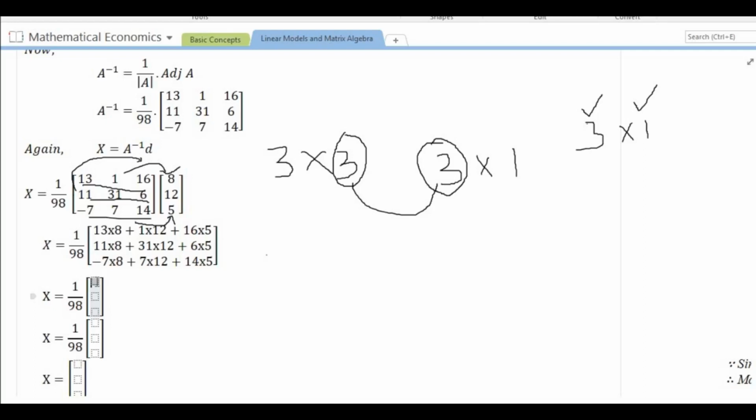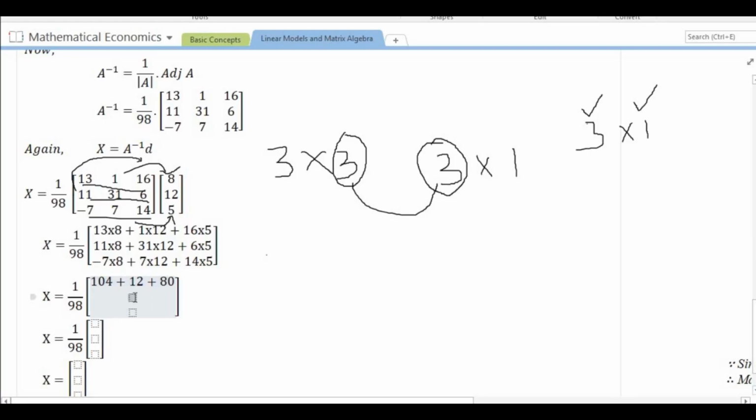Let us simplify. 13 times 8 equal 104 plus 1 times 12 is 12 plus 16 times 5 equal 80.